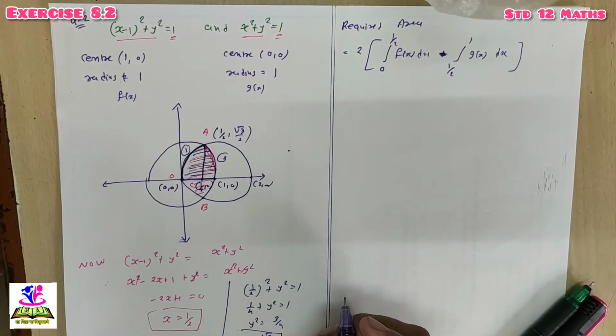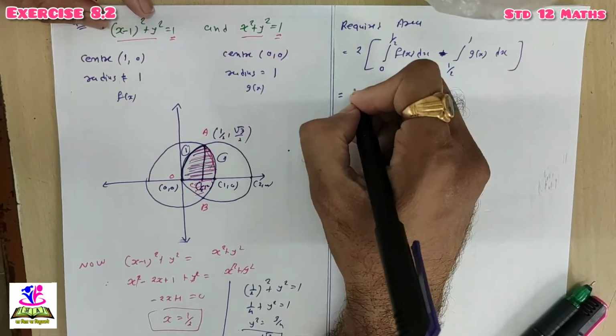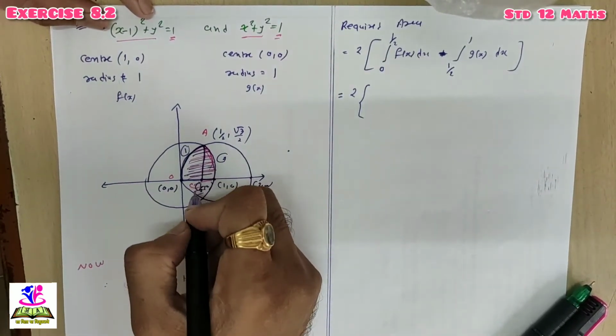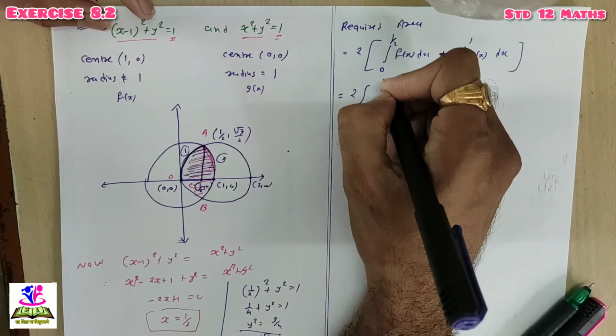Now write this function in terms of y only. So here y square equal to, तो इसको कैसे लिखेंगे, this is equal to 2, 2 is for this symmetrical, है ना, symmetrical about the x axis. So 2 into integration 0 to 1/2.